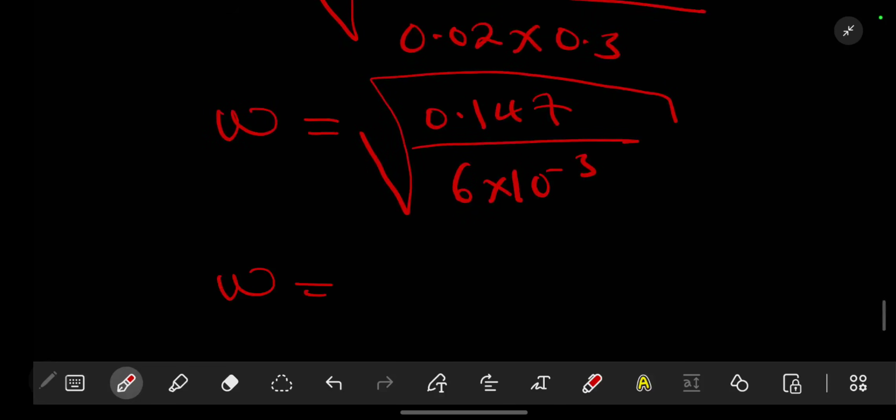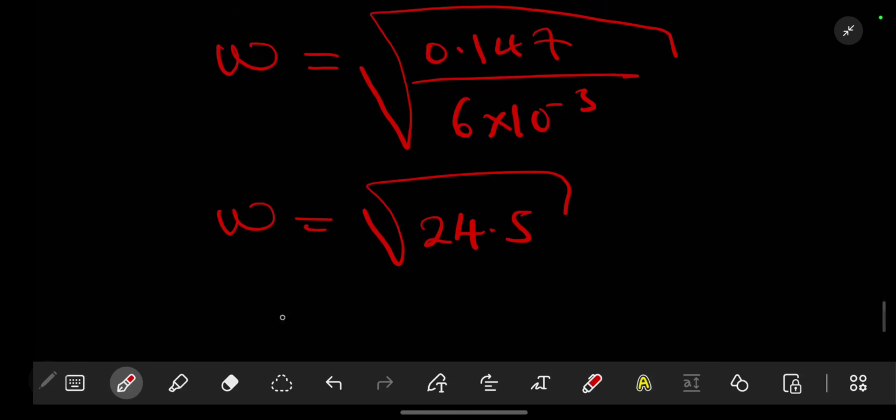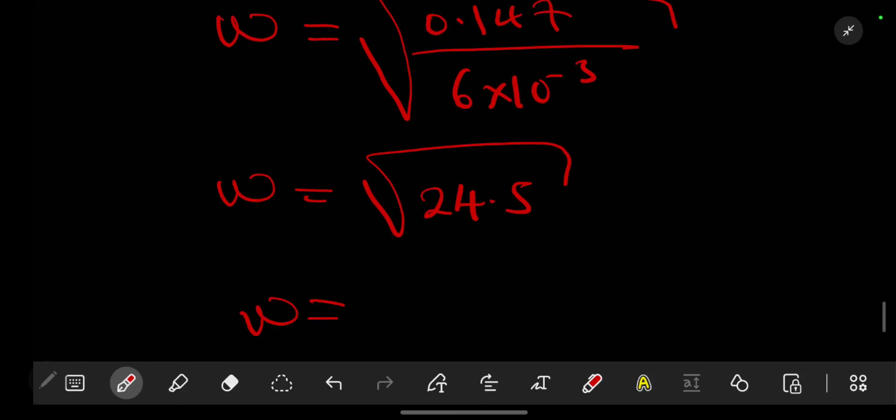So when we divide 0.147 by 6 times 10 to the power negative 3, this gives us a value of 24.5. So our w should be equal to the root of 24.5, which gives us a value of 4.95. So this will be the radians per second.